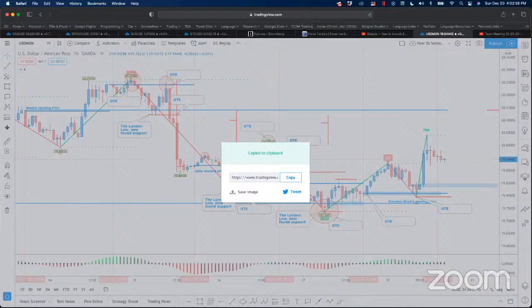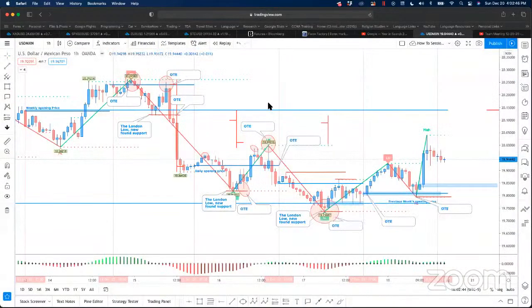So when the market opens for the week, note that opening price, right? Between Sunday and Monday, pay attention to where the high or low is created during that Sunday to Wednesday time frame.